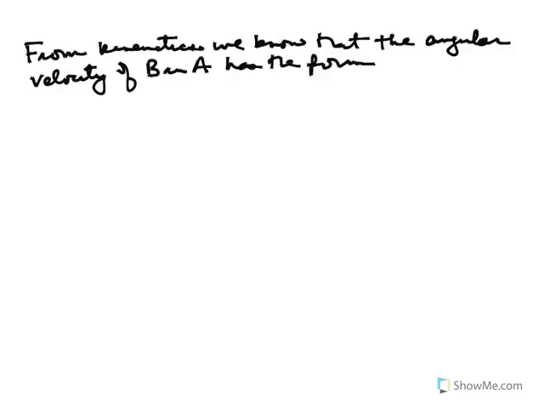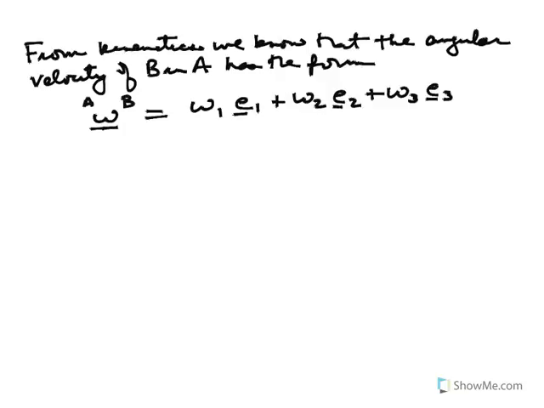So we always write this now, the angular velocity of B in A, as a linear combination of components in the body fixed basis, right? This is the way, when we do the transport theorem, we always write everything in terms of the last rotating frame. That frame in this case that we're interested in is the rigid body itself.